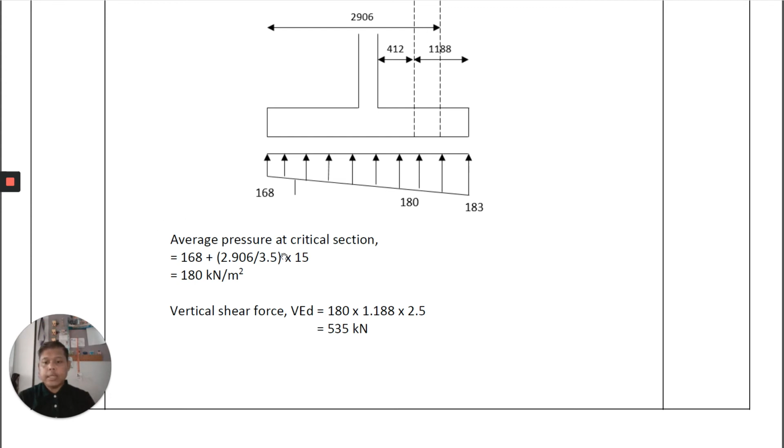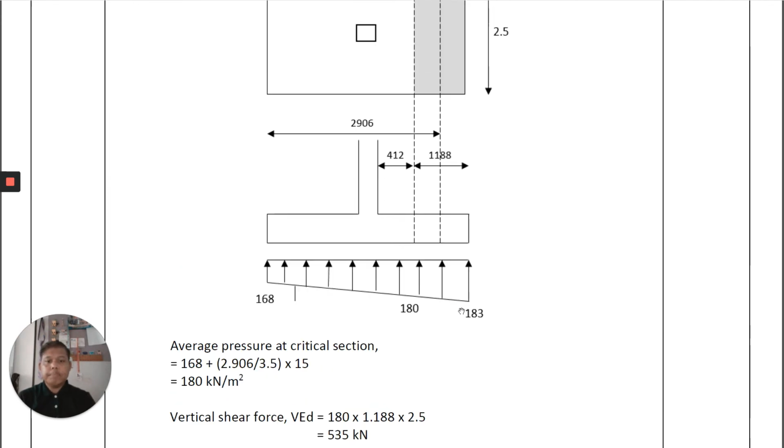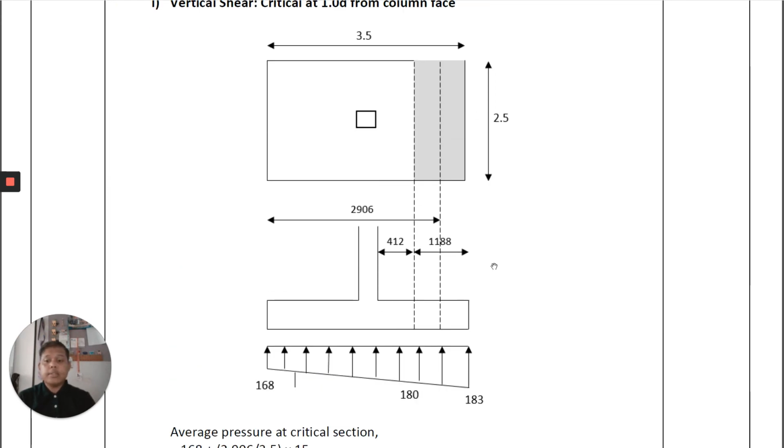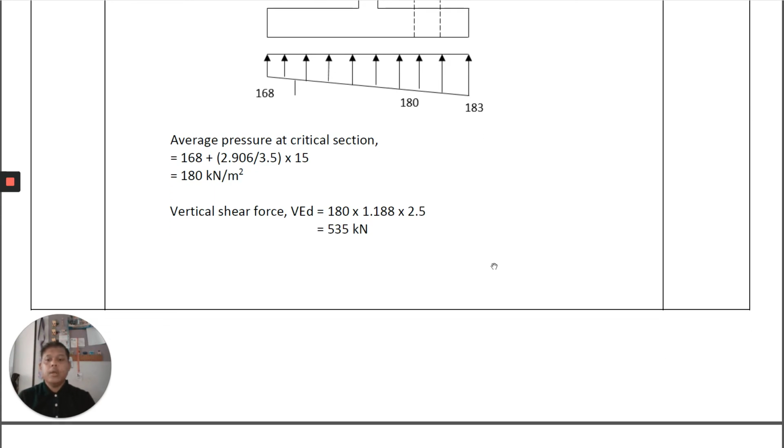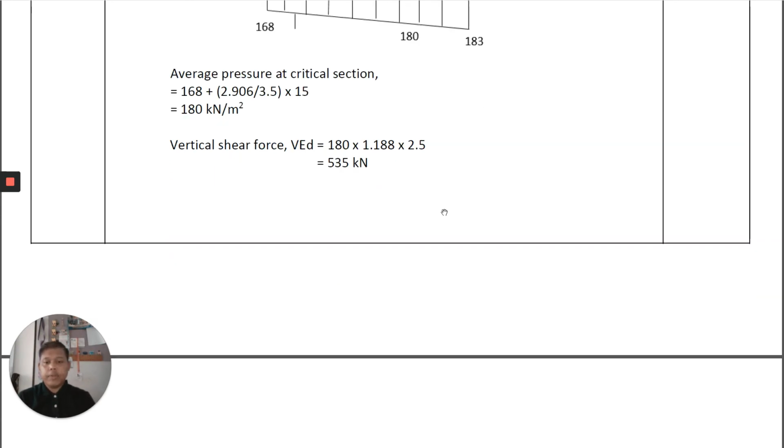Then you get the answer here, 180 kilonewton per meter square, which is the average pressure at the critical section here. Okay, and then the vertical shear force, VED, is equal to 180 times 1.188, times 2.5, which is the distance of this part. Okay, 2.5. That is the formula. So it is equal to 535 kilonewton.